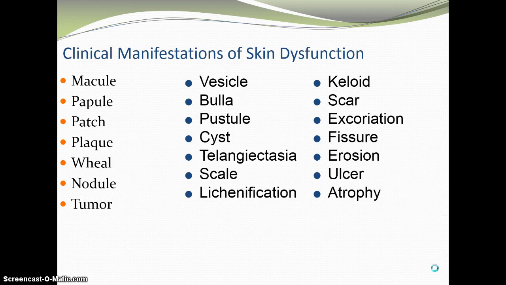A pustule is an elevated superficial lesion similar to the vesicle, but the vesicle is filled with serous fluid, meaning it is more of a pinkish fluid. Whereas a pustule is more filled with purulent fluid, hence why we call it pustule.